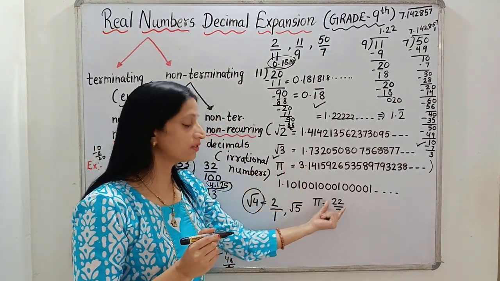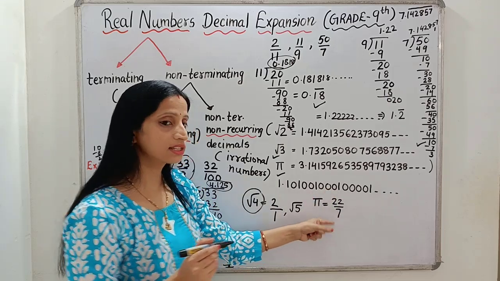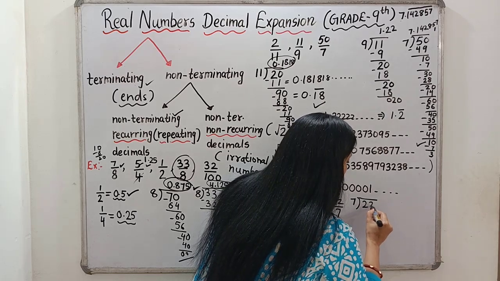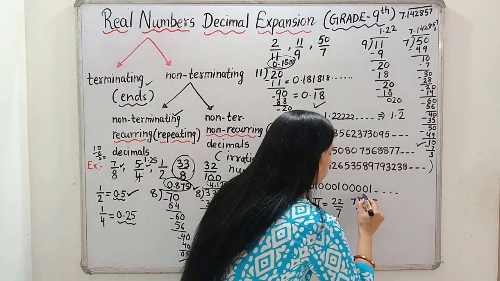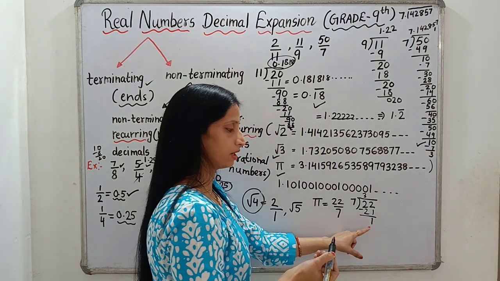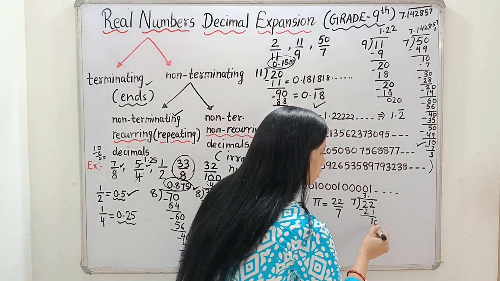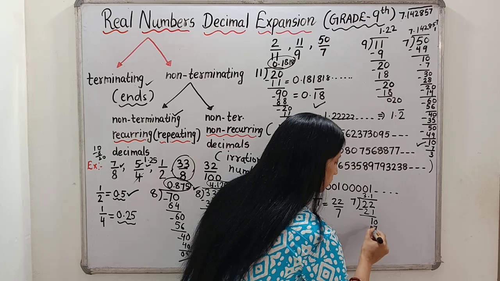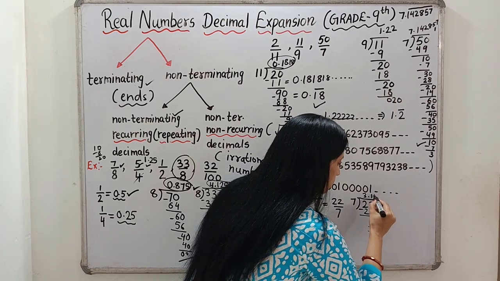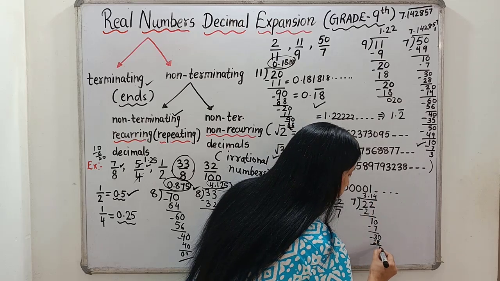But if the value is given in the fractional form 22 by 7, let's divide it. 7 3s are 21. We got 1 here. Put the decimal after this and put 0. 7 1s are 7, 3. 7 3s are 21. 7 4s are 28. Then 2.